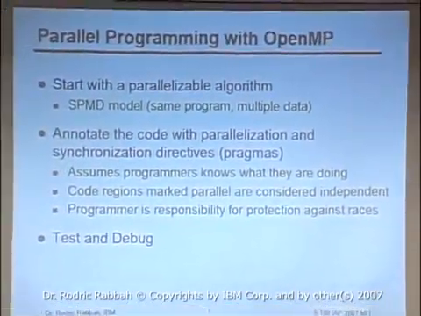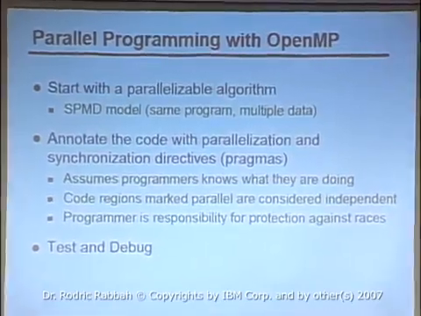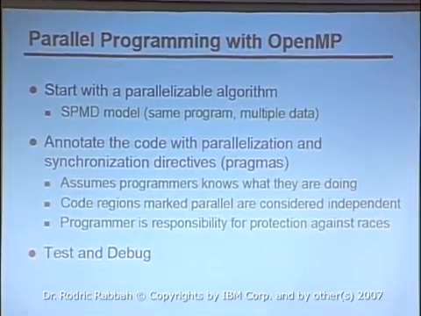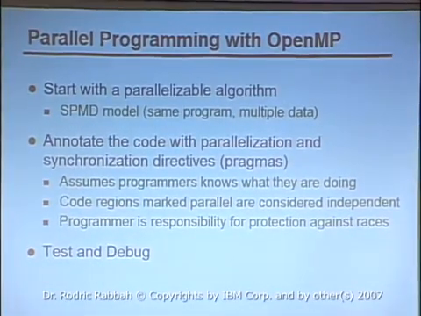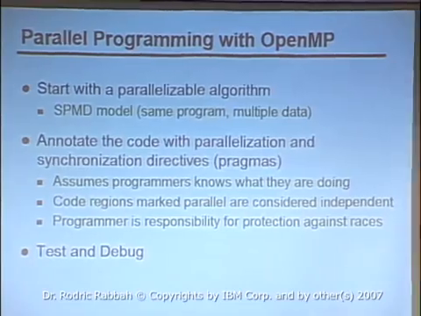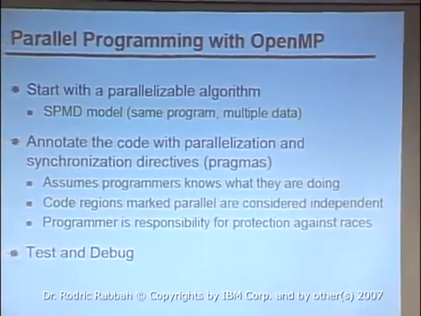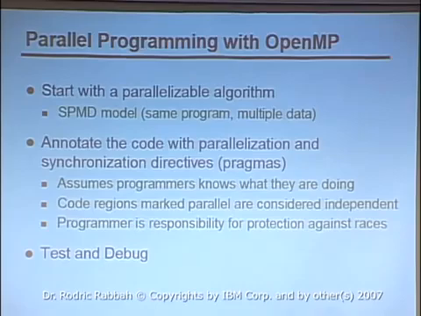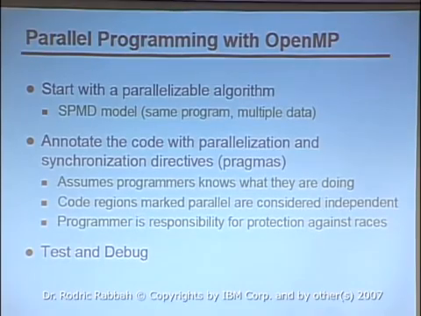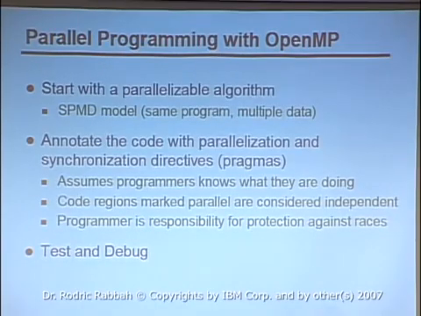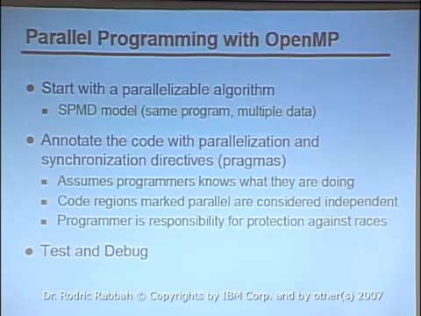Okay. So there's a programming model that allows you to do this kind of parallelism and tries to help the programmer by taking their sequential code and then adding annotations that say this loop is data parallel, or this set of code has this kind of control parallelism in it.